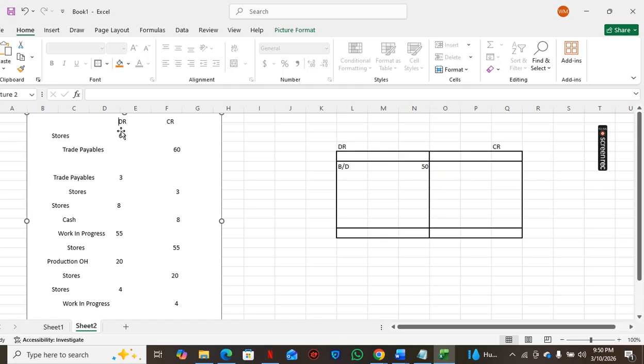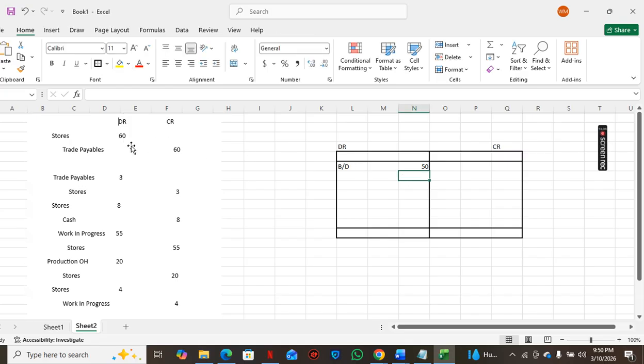Remember for our first transaction, we purchased materials on credit. We said debit stores 60 million. So we put this 60 million here on the debit side. Under details, you just put the other account that was involved, trade payables.